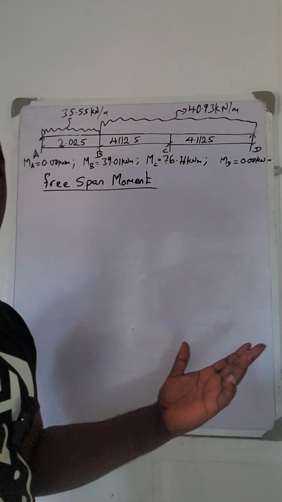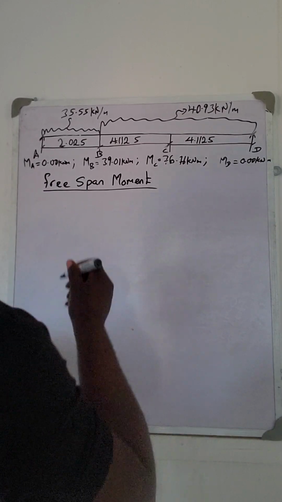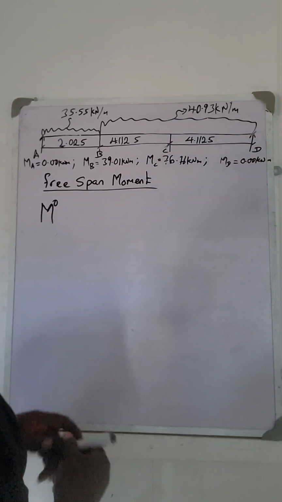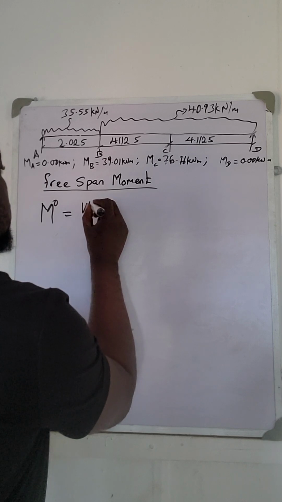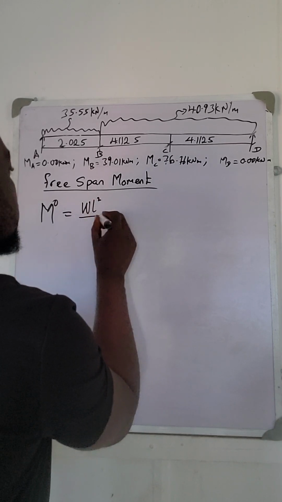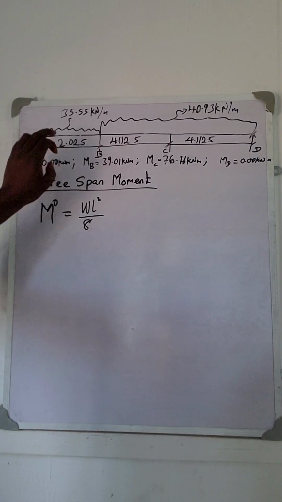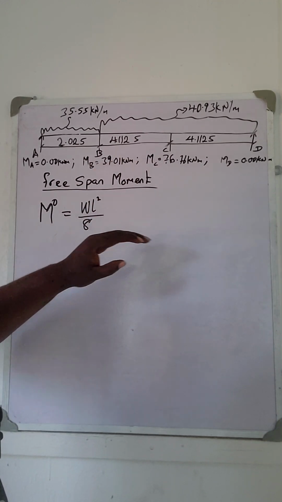Now, what's the formula for calculating free span moment? Free span moment, I can denote it to be MO. MO is equal to W L squared over 8, where W is our load and L is the span.